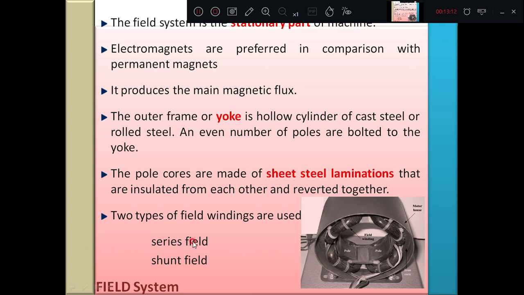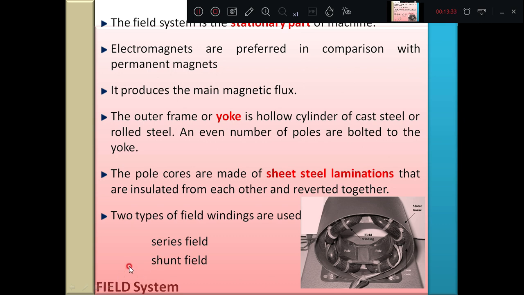One is called a series field winding, which means the field winding producing the magnetic flux is connected in series with the armature. And if the winding is connected across the armature, it is called a shunt field. These two you will study in detail in the types of DC machine.